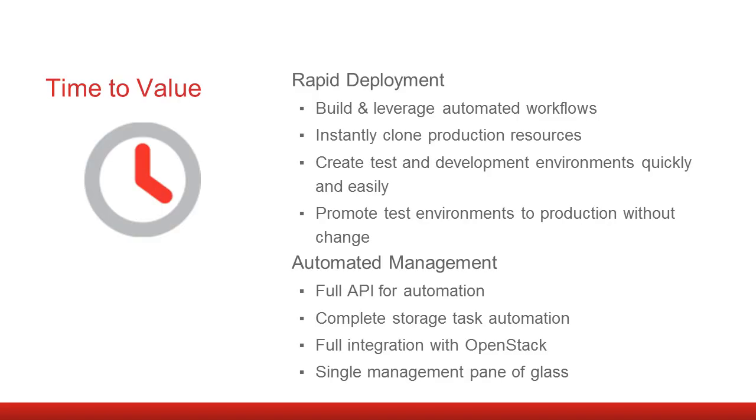If you combine all of these benefits together, this really wraps into the last benefit of honestly going fast. If you are in an environment where agility and rapid deployment are necessary, all of these features combined allow you to build and leverage a lot of workflows, instantly clone resources at zero cost, create test and development environments very quickly, and then promote that development environment into test.